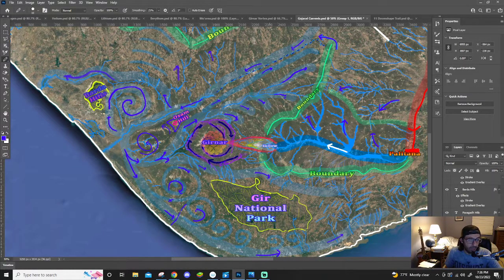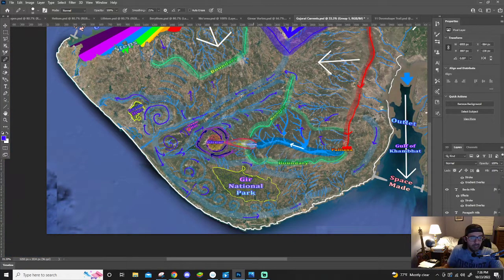Also, Girnar National Park over here, which is just a mound caused by the currents, is my interpretation.